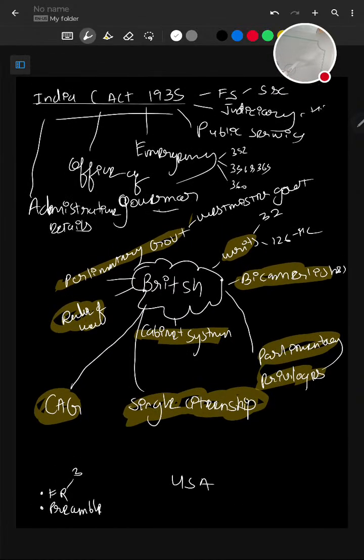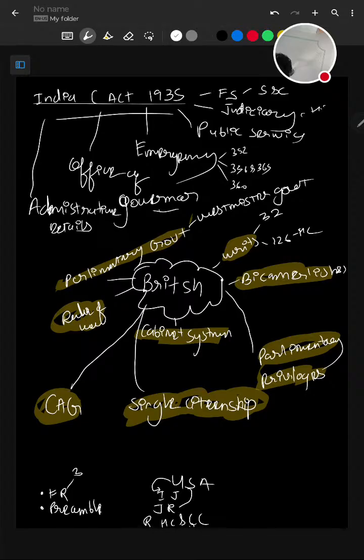Then there is your judiciary stuff here. First is independence of judiciary, then your judicial review, then removal of judges of High Court and Supreme Court. So from the US we have taken independence of judiciary. Judiciary should be independent.